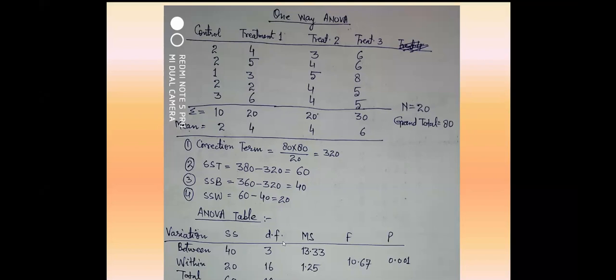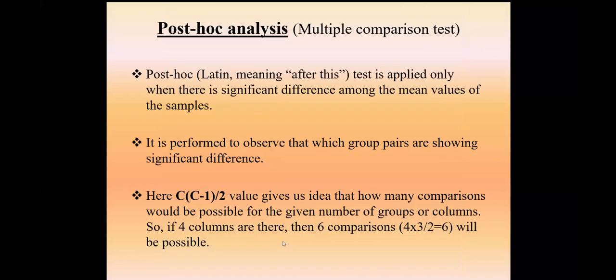But we have to know whether 2 and 4 are significantly different, because the probability is less than 5%. It means significant difference exists among the mean values. For that, we go for post hoc analysis, which is also referred to as multiple comparison test.